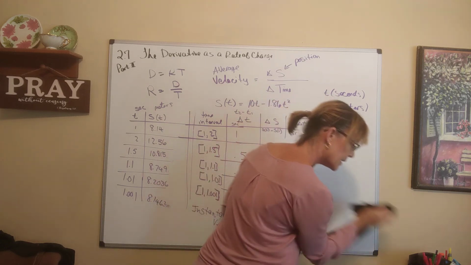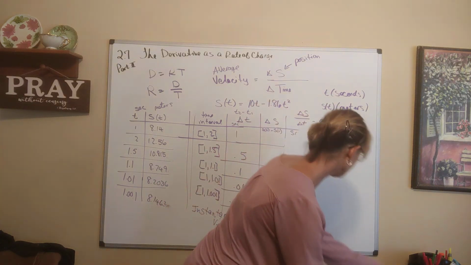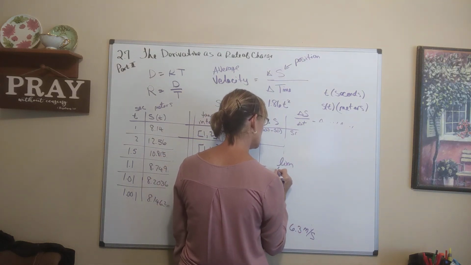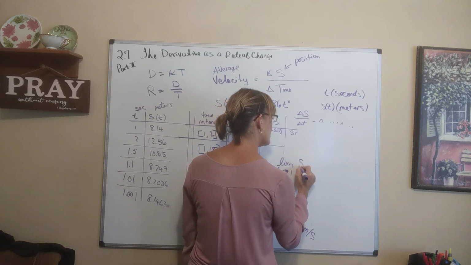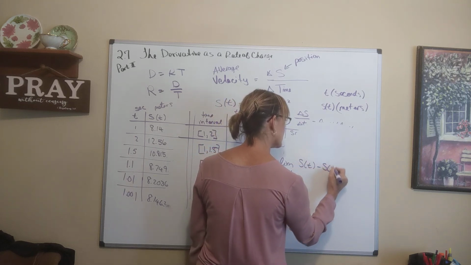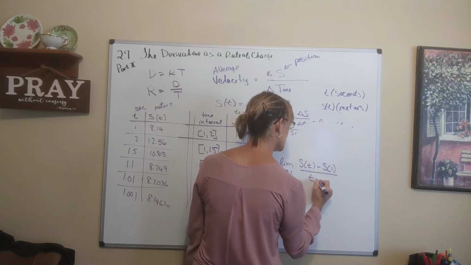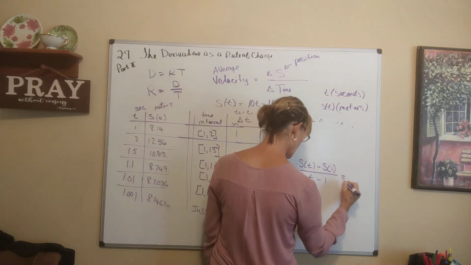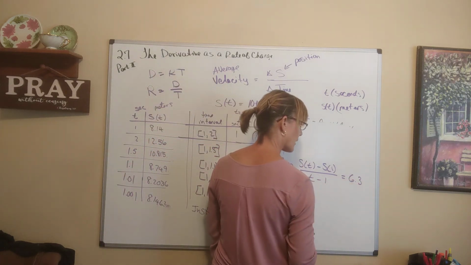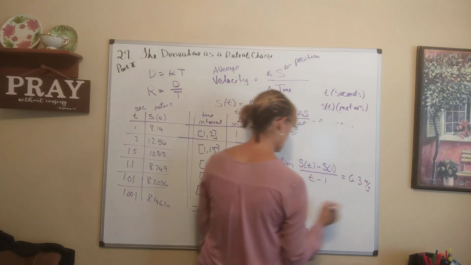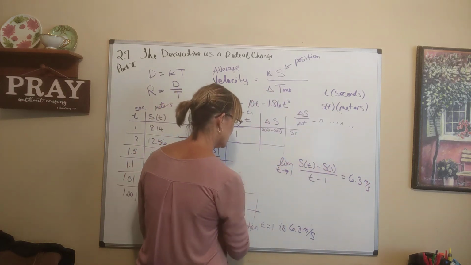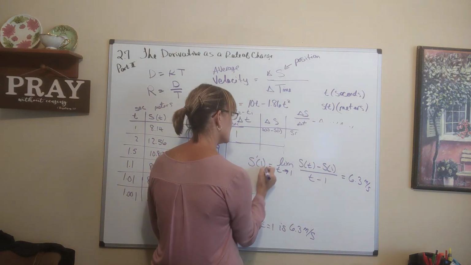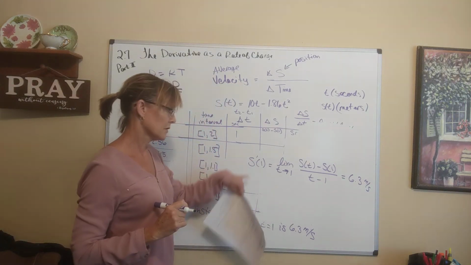As a limit, it would say that the limit as t approaches 1 of the position function s of t minus the position function s of 1, over t minus 1, this is how I write it as a limit, is equal to 6.3 meters per second. This is the instantaneous velocity. This is what this means symbolically. This is equal to the derivative of s when t is 1 second.